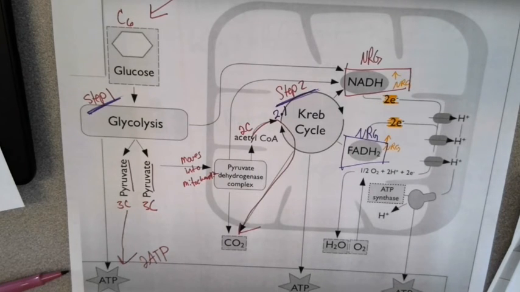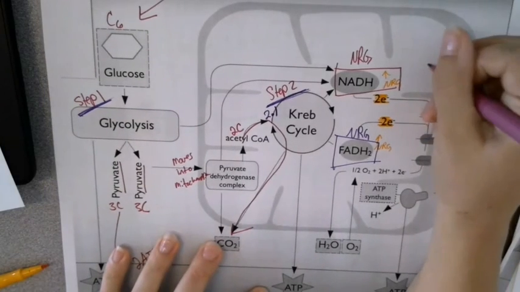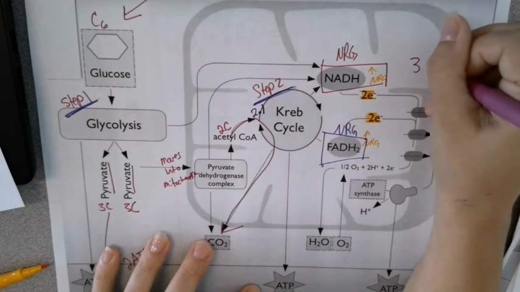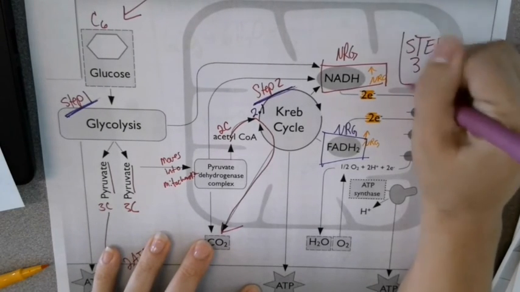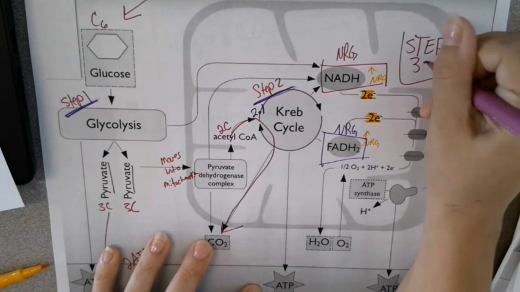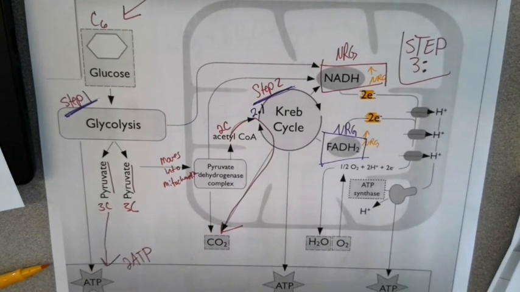And this is where our third step begins. Step 3 should sound familiar because in our photosynthesis, we did have an electron that we got from sunlight, and it was passed through proteins to become energy, ATP.